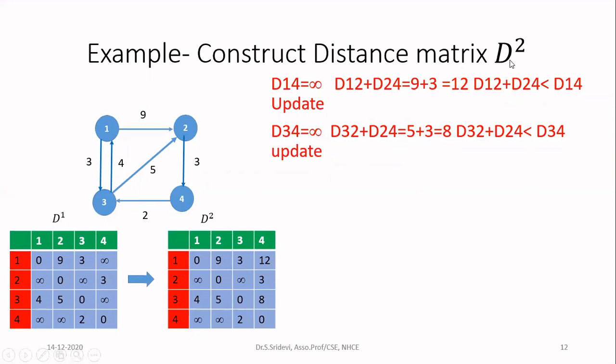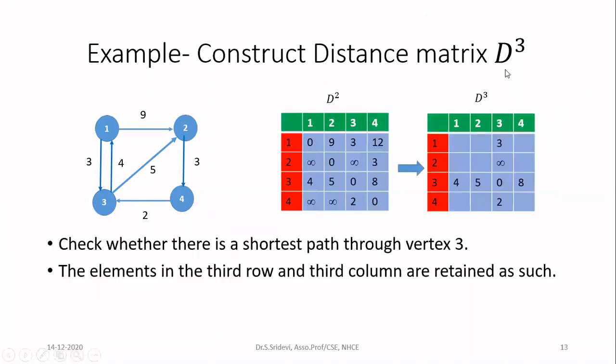Totally we have finished 3 matrices now, D0, D1 and D2. We need to construct still 2 more matrices, D3 and D4. So now let us go and see how to finish D3. So if you want to construct D3, in that we are going to check whether there is a shortest path from any vertex to any other vertex, but through the vertex 3.